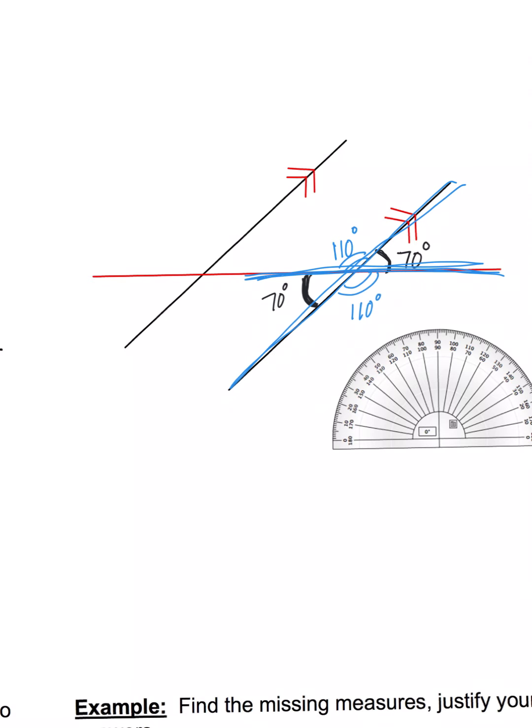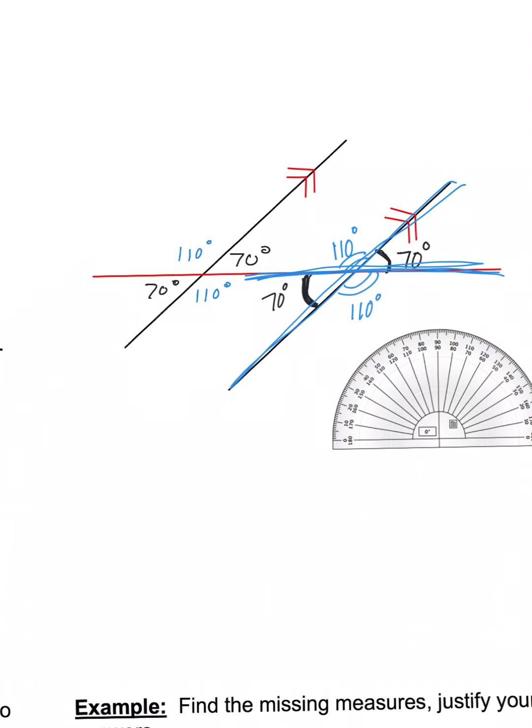What's great about this is that when you have parallel lines, you automatically have this exact same situation with these 4 angles right over here. If we measured these with a protractor, you would be able to tell that this is 70, this is 70, and these are both 110.